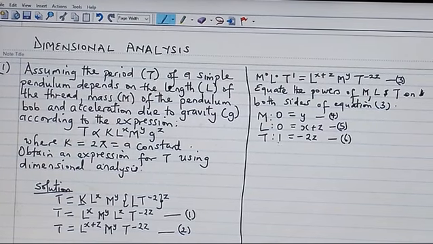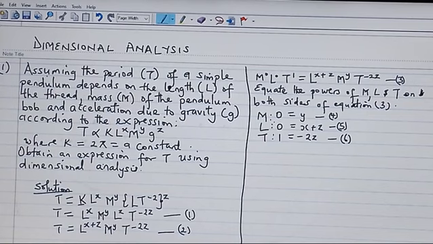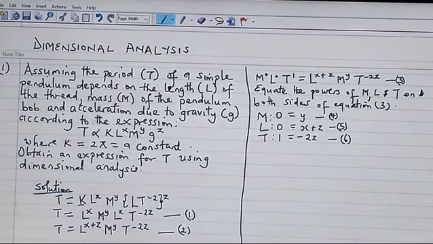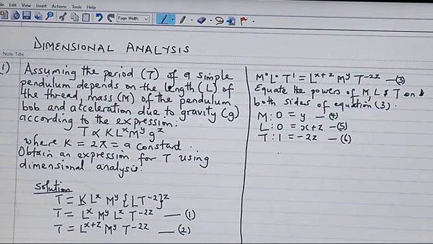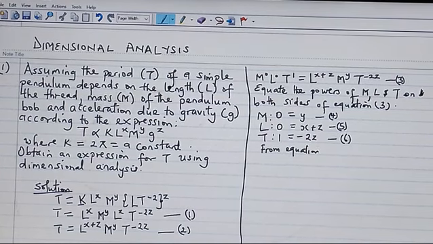Then, from equation 4, we've already seen the answer to Y. Equation 5, we have 2 unknowns, so we can't proceed with equation 5. But from equation 6, we can get the value of Z as follows.